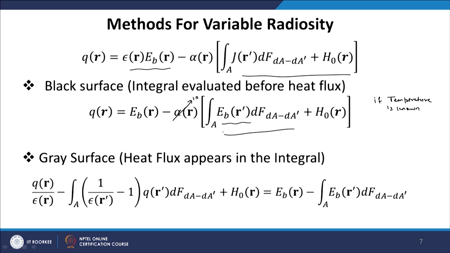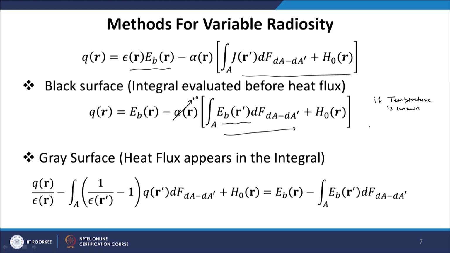So, this integral part of the equation can be separated from the algebraic part, and the equation becomes pretty simple. On the other hand, if we have heat flux as unknown, then definitely the problem is going to be complicated.